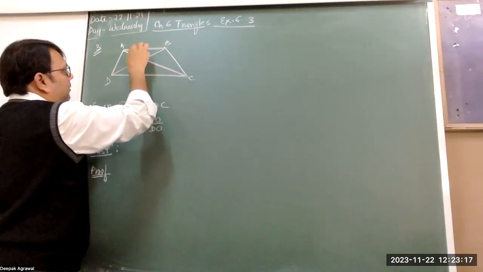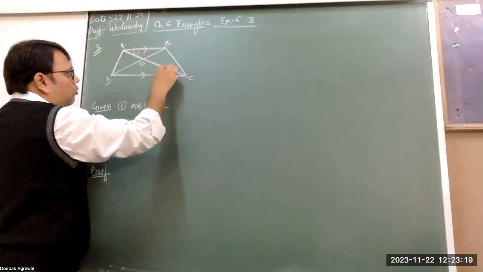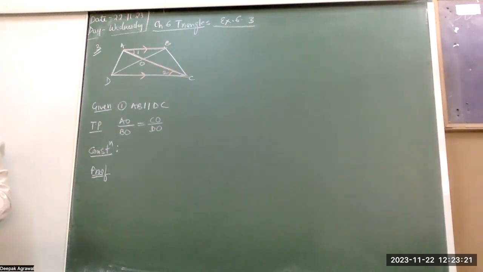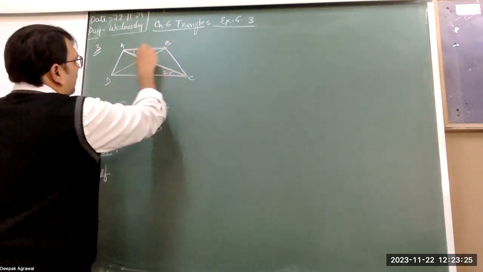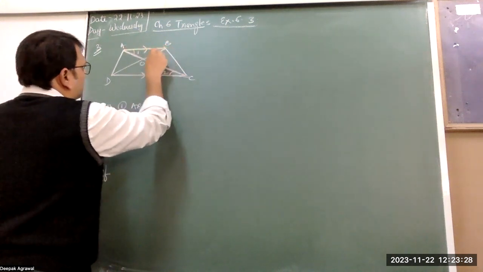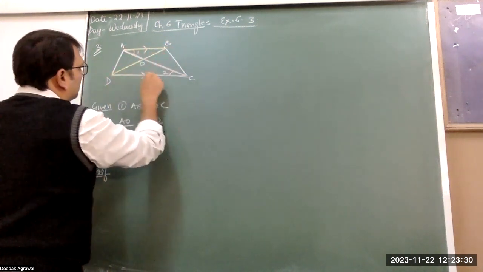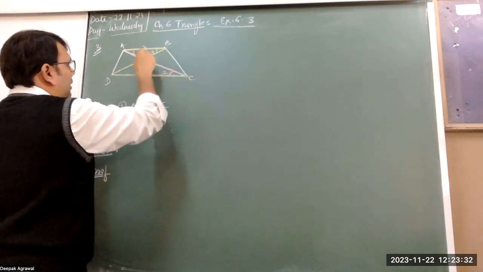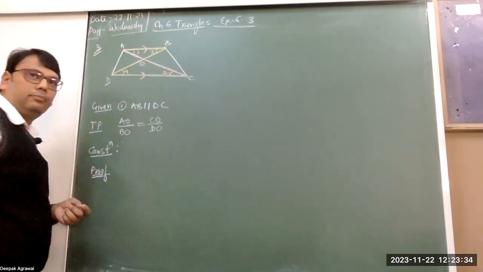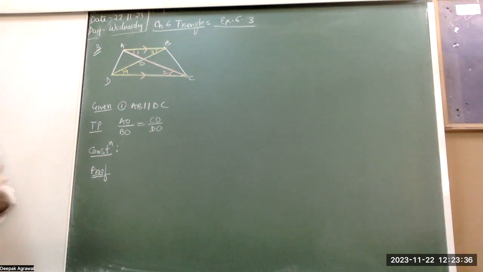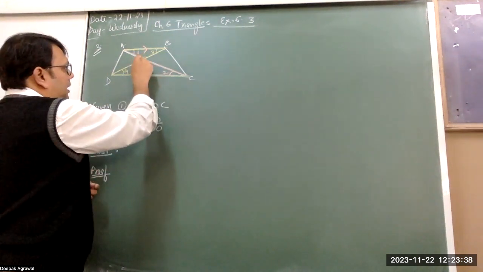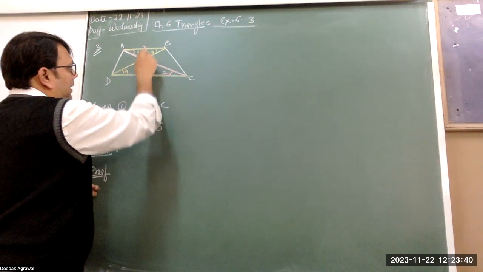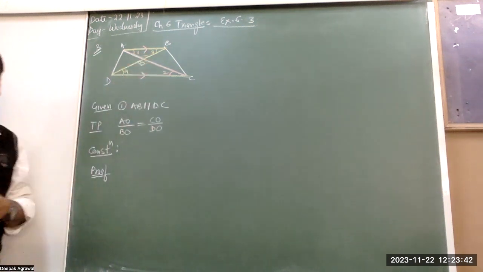So if this is a transversal, then angle 1 is equal to angle 2. Similarly, this also becomes a transversal. That means these two angles are also equal. And both of these angles are vertically opposite angles, so they are also equal.